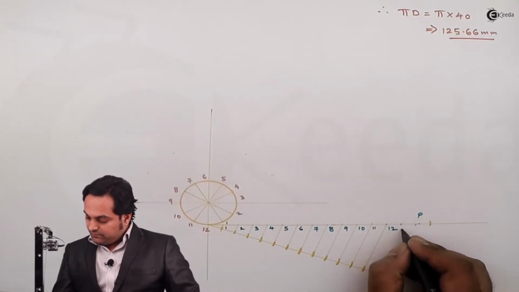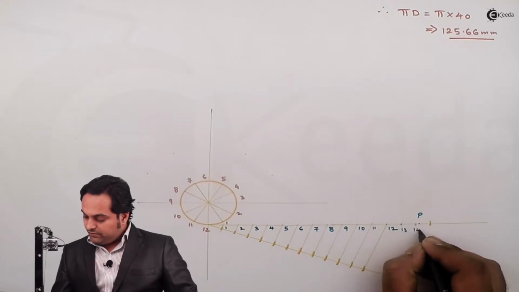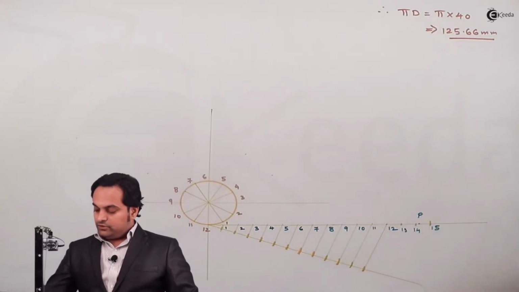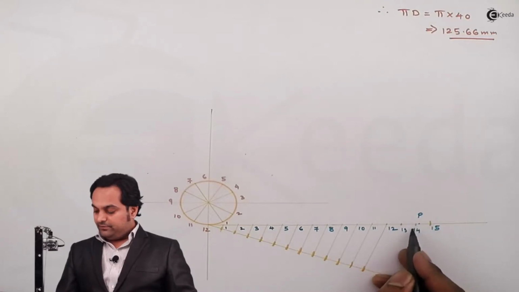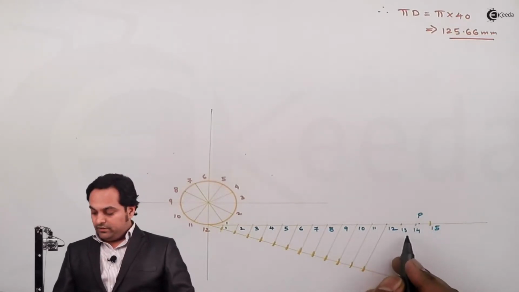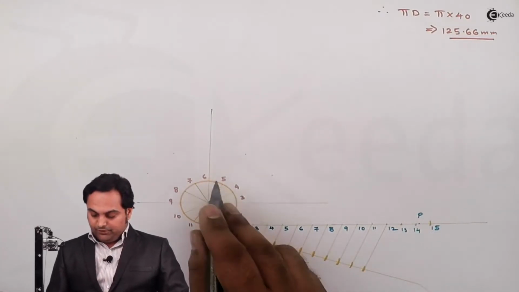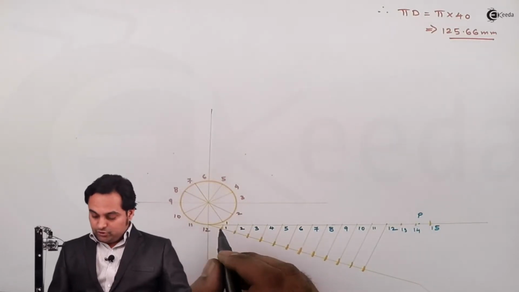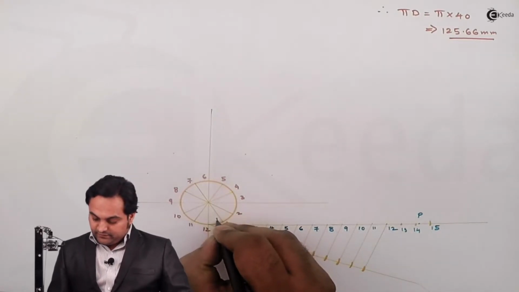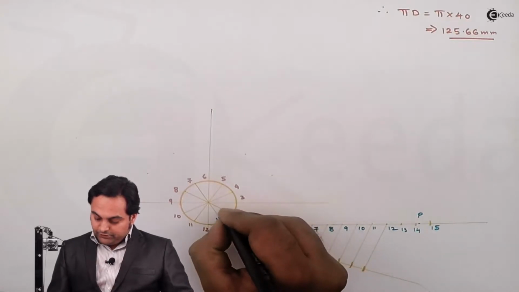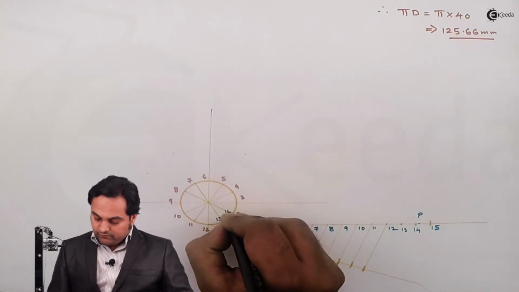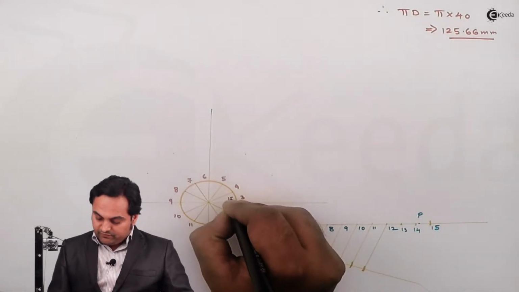So here this is 13, 14 and 15. When I see here, point P is coming in between 14 and 15, and the points on the circle end on 12, so point number 1 I can take as 13, point 2 will be 14, and 3 will be 15.